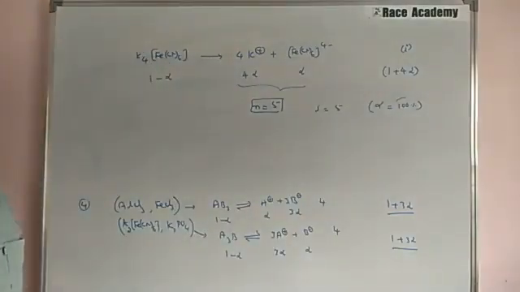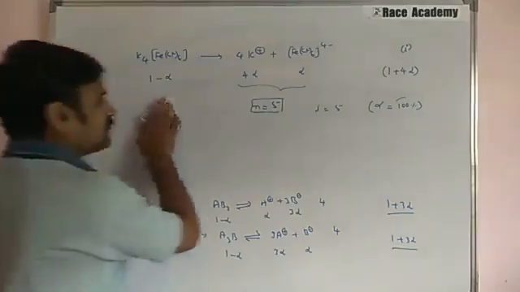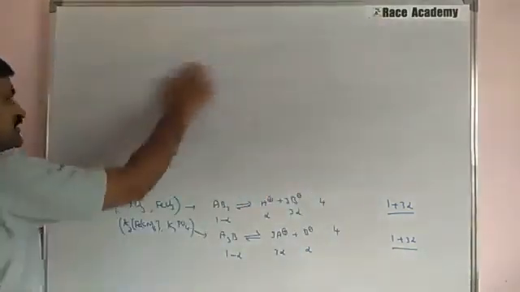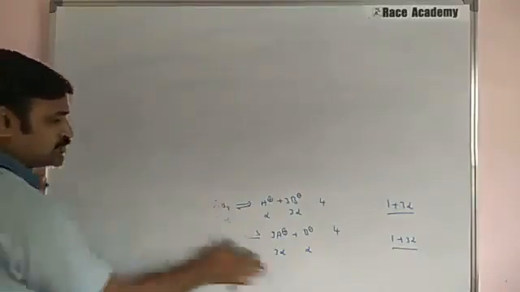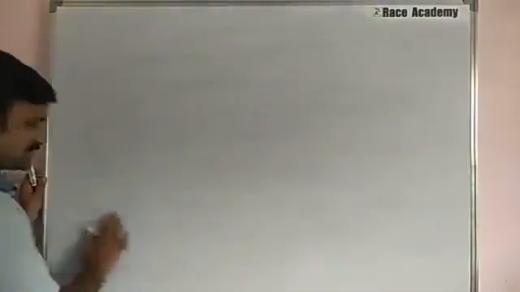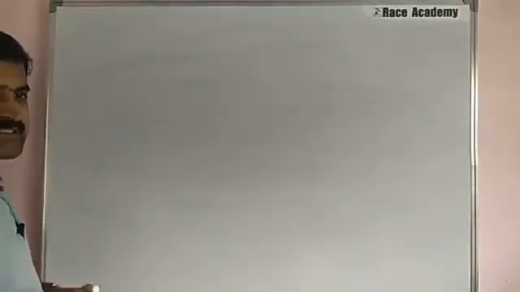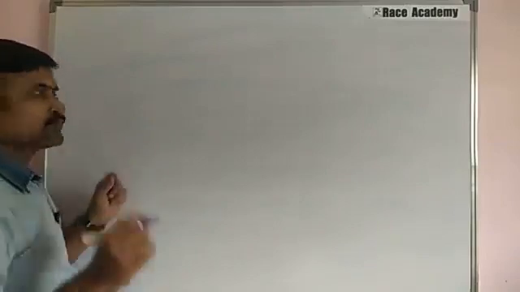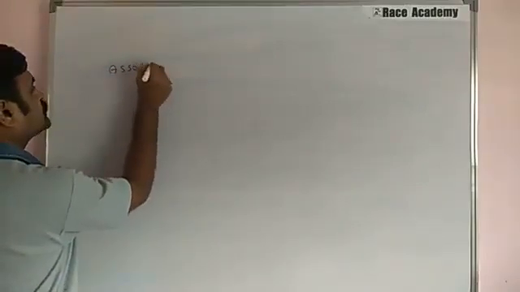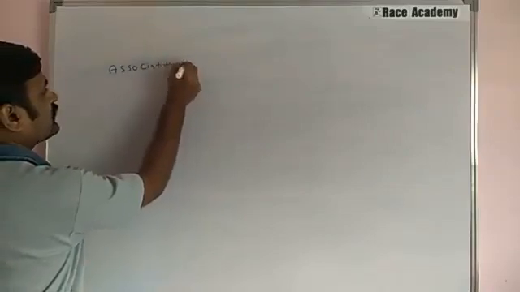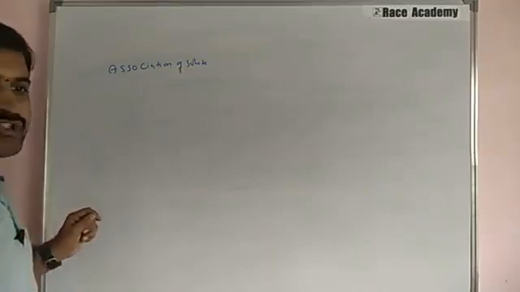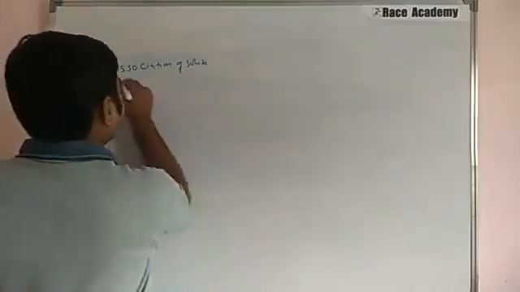Okay. So this is about the dissociation of electrolytes. Now coming to the association of some of the organic substances in the solution due to intermolecular hydrogen bonding. So we have acetic acid and benzoic acid, the best examples of association of solutes in the solution. Association of solute, benzoic acid, we can take as an example.